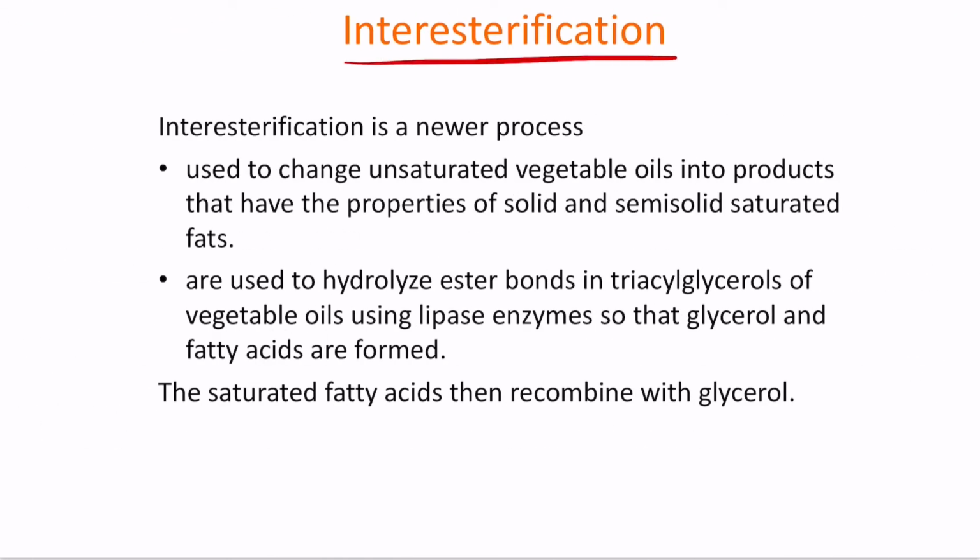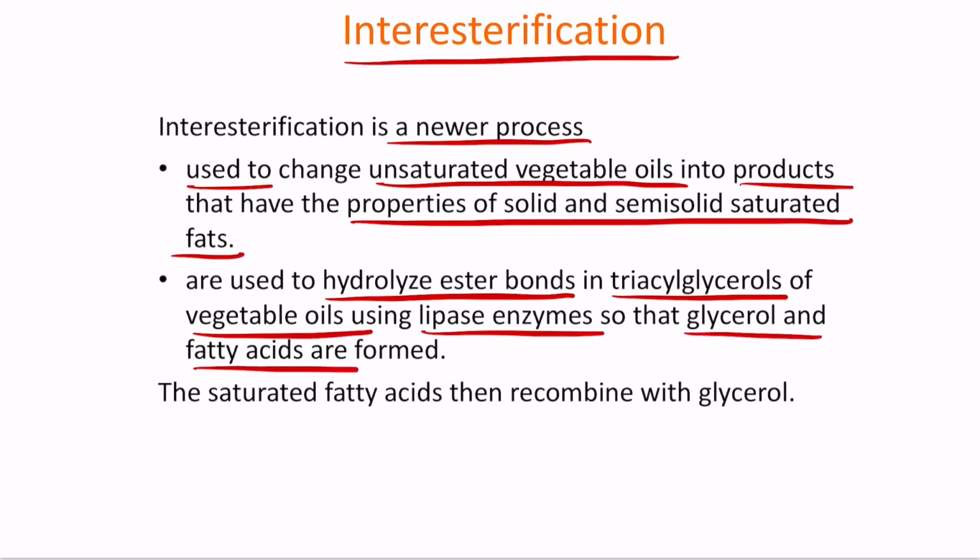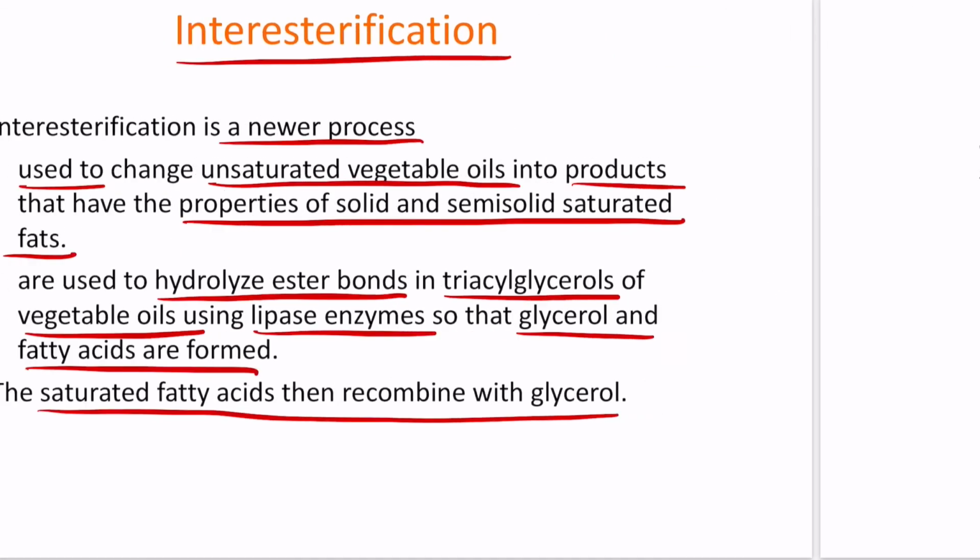Next, let's talk about interesterification. Interesterification is a newer process. It is generally used to change unsaturated vegetable oils into products that have properties of solid and semi-solid saturated fats. It uses lipase enzymes to hydrolyze ester bonds in triacylglycerols, so that glycerol and fatty acids are formed, and the saturated fatty acids then recombine with glycerol.